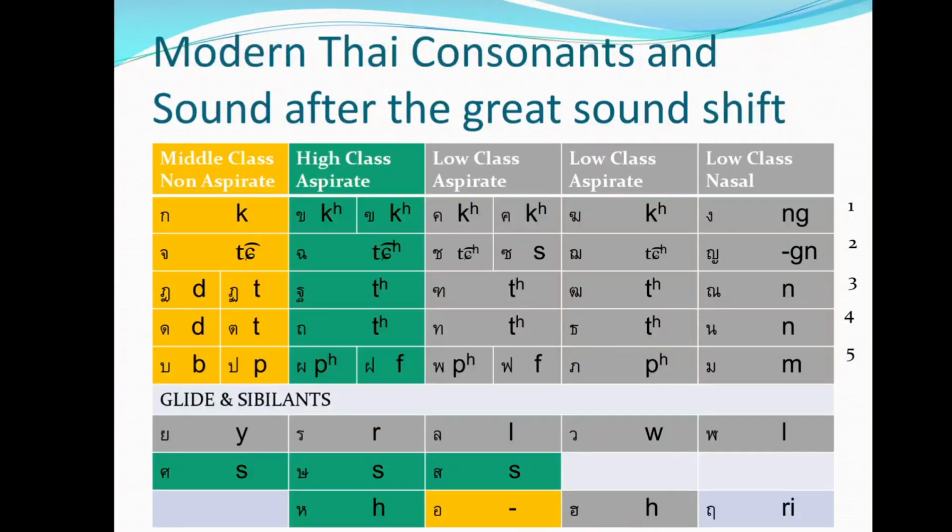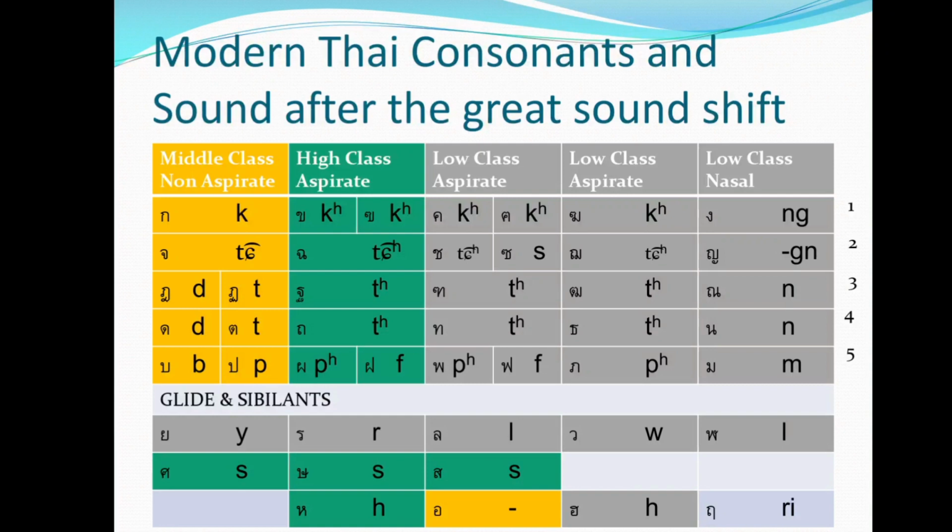Over many centuries, voiced consonants, for instance, ga, ja, za, da, ba, became devoiced, such as ga became ka, ja became cha, za became sa, and da became ta, ba became pa.